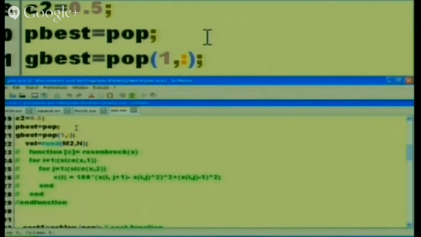Either I can take only a single particle according to my cost function, or I can take a full row or a full column as one particle, right? So the global best means whatever the whole of the population has achieved is called the global minimum, or the local minimum, right?